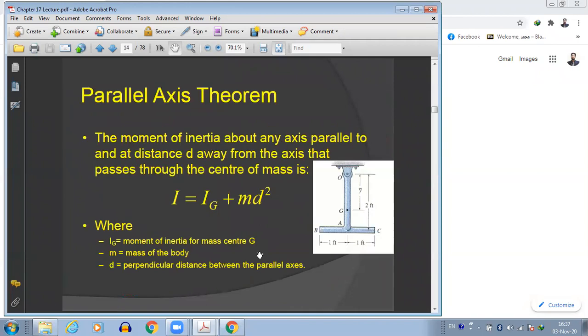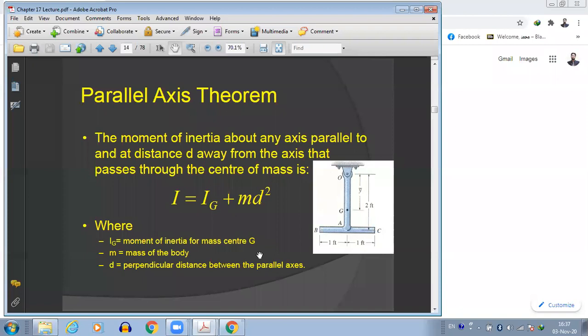Now, before moving forward, there is another concept, which is the parallel axis theorem. The parallel axis theorem is basically used to find the moment of inertia at any point within the body if we know the moment of inertia through the center of gravity of that body.